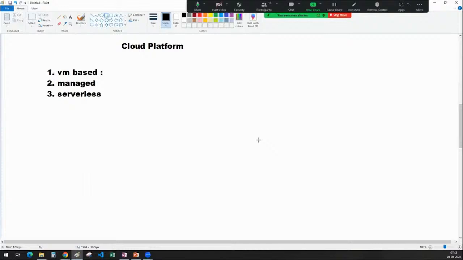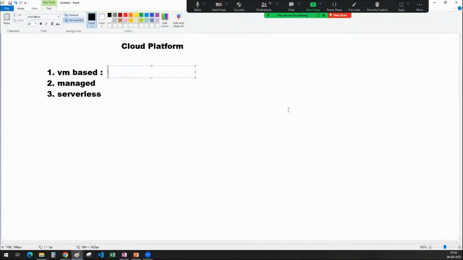You need a laptop with some resources and its own configuration, and on top of that you download and install an application and then develop. Likewise, in VM based, an entire virtual machine will be given to you.